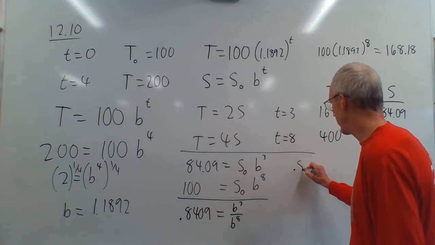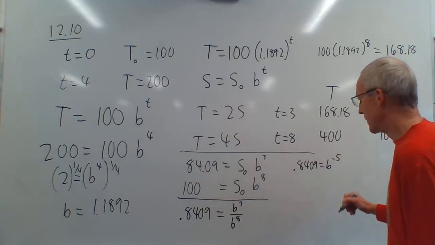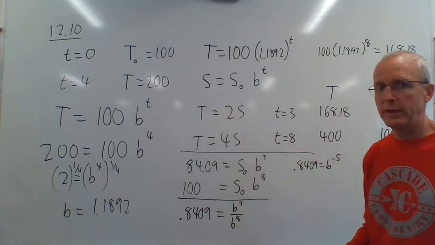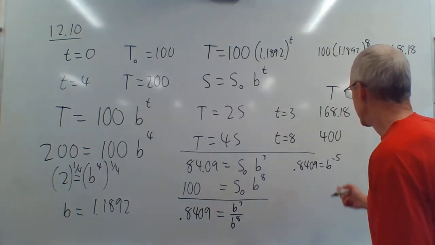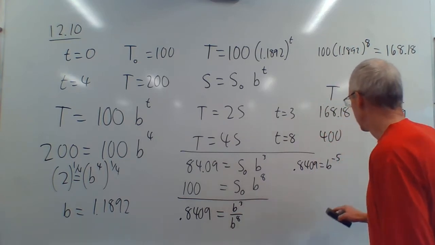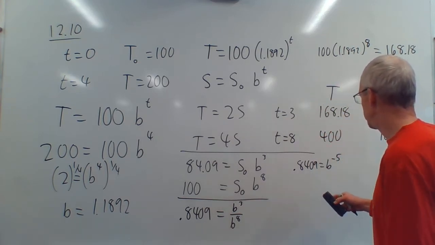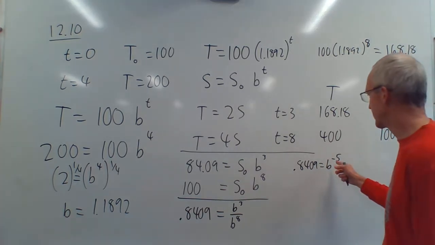Now that's B to the negative 5. So I'm going to continue here. 0.8409 equals B to the negative 5. But we don't want B to the negative 5, we want B to the 1. Let's just be clever.